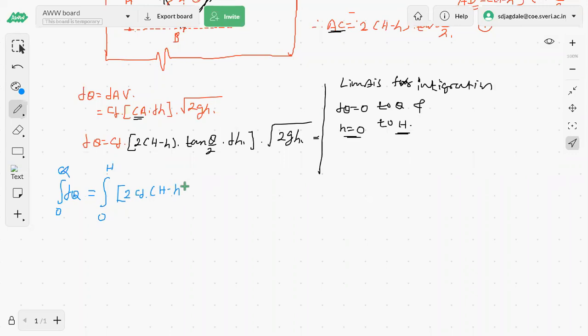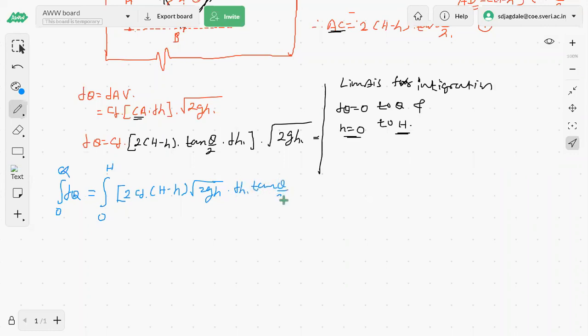There will be the integration of h with respect to dh. This is Cd. What do we have written? H minus h. That will be get integrated. Cd into (H minus h) into root 2gh into dh tan theta by 2.